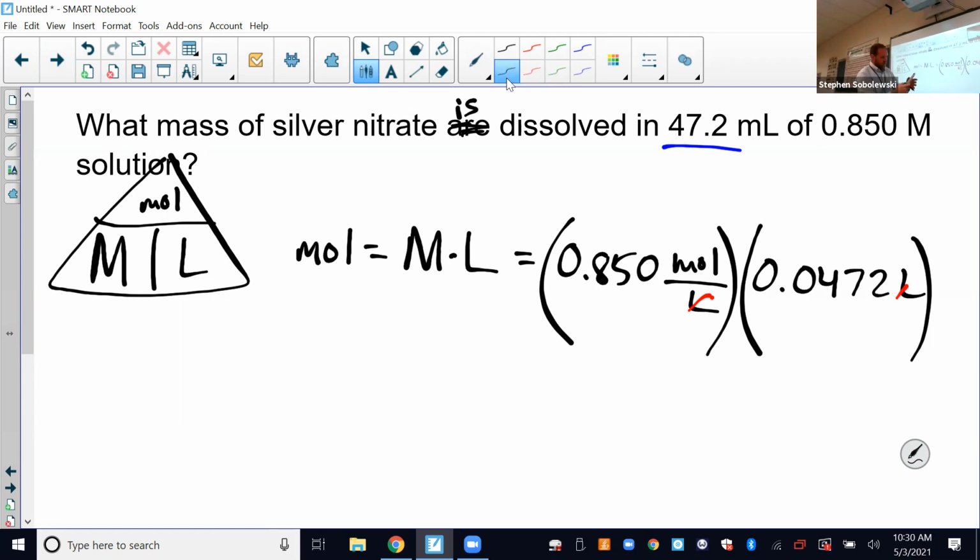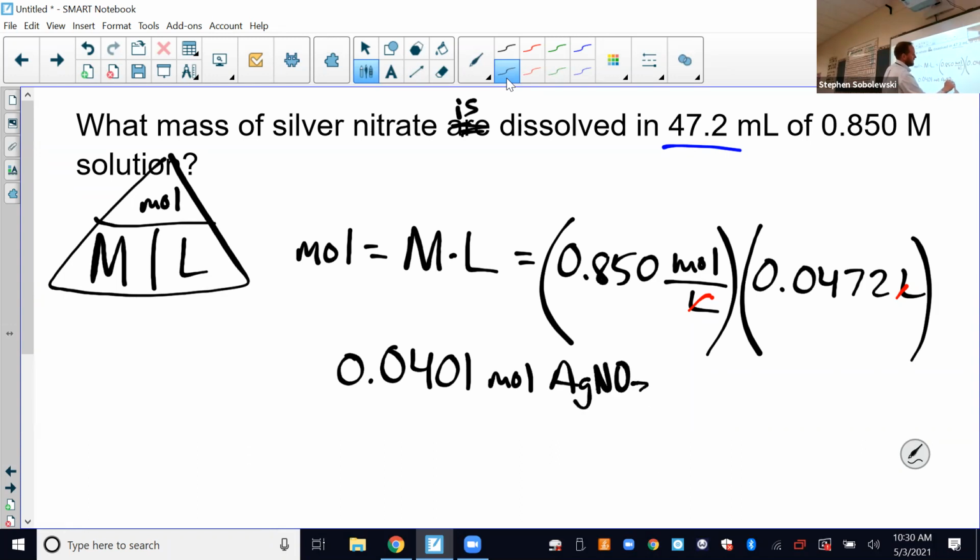0.850 times 0.0472 gives me 0.0401 moles of silver nitrate, AgNO3. Okay, so we found moles, now we just need to find grams. So we go from moles to grams using molar mass. All right, I'm looking at the periodic table. So Ag is 107.87.